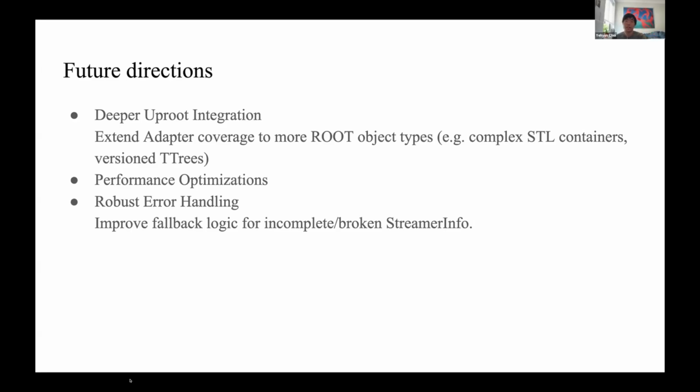And lastly, we would like to implement some logic for incomplete or broken streamer info. All right, so together these improvements will make sure that Uproot and rootFileSpec are ready for future experiments. All right, and I think that is about it. Thank you for coming to my talk.